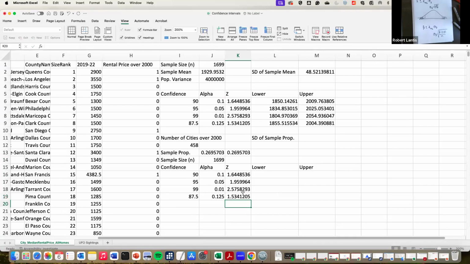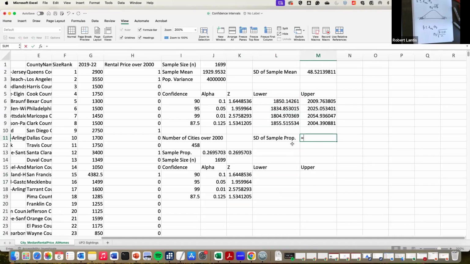Everything looks great. Okay. Lower bound, once again, it's really the same kind of format we were following up here, except I forgot to calculate my intermediate value, which is the standard deviation of my sample proportions. So that was the square root of sample proportion times 1 minus my sample proportion, divided by my sample size. I then take my sample proportion and subtract, going this many standard deviations below, so this z-value times the standard deviation.